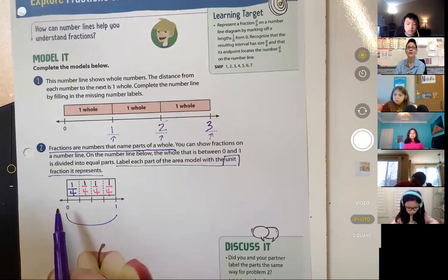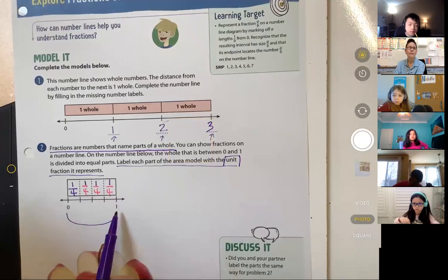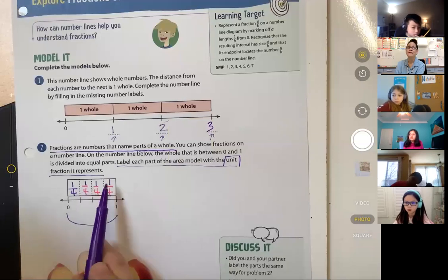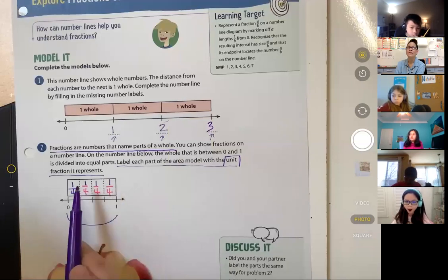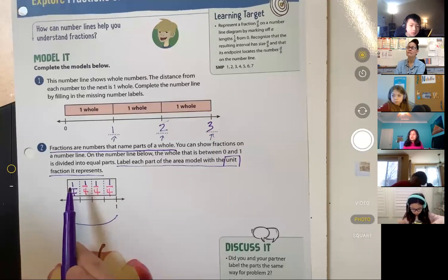Now, friends, if you wanted to challenge yourself a little bit to see this more conceptually, take a look at the numerators in the unit fraction on each section. What you could do is add them together.